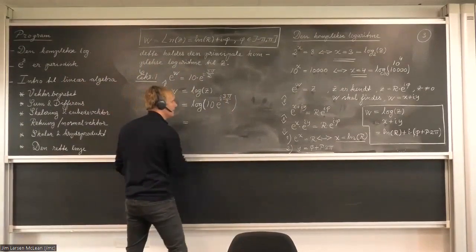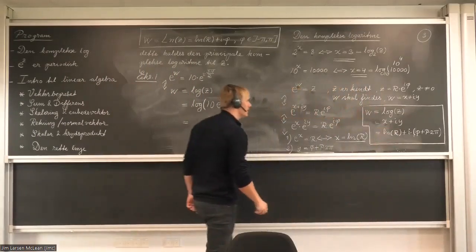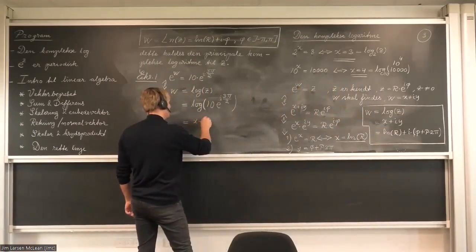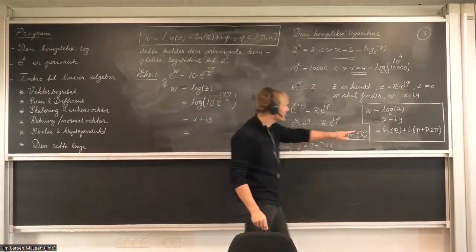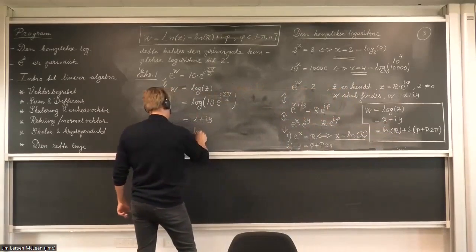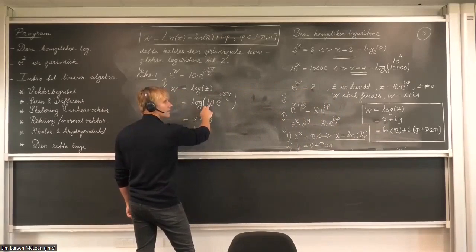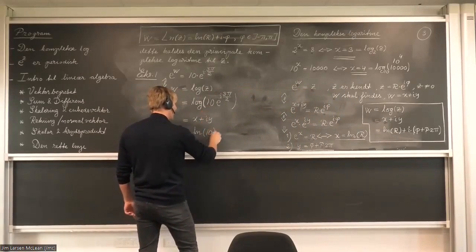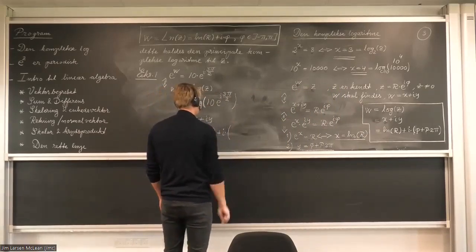So let's just take a look over here. It gives us x plus i times y. What is x? x is the length, so it's the natural logarithm, the real one, of the modulus, plus the imaginary unit times the angle.